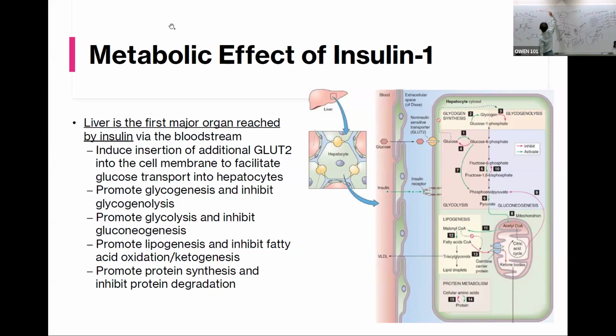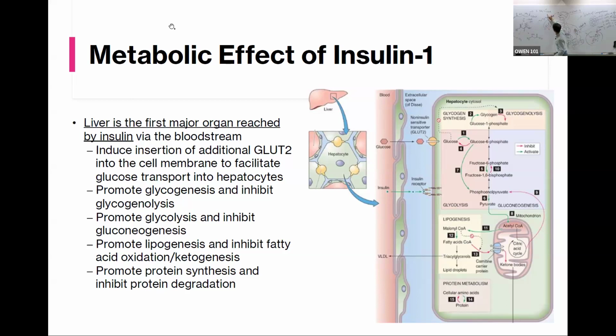Where does acetyl-CoA come from? Fat, lipid. Remember? We talked about lipid, fatty acid, or fatty acid CoA.